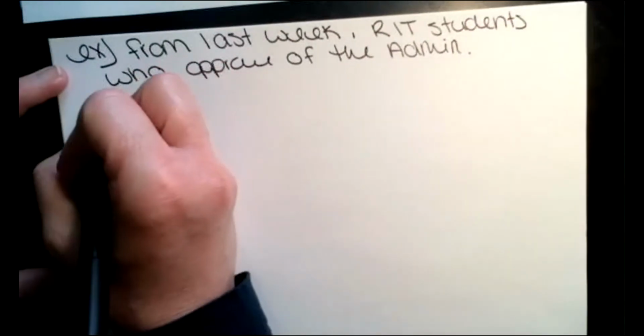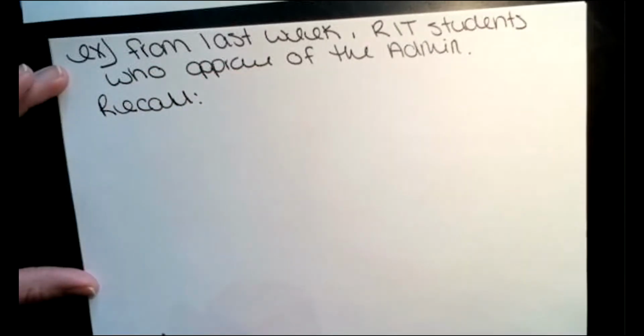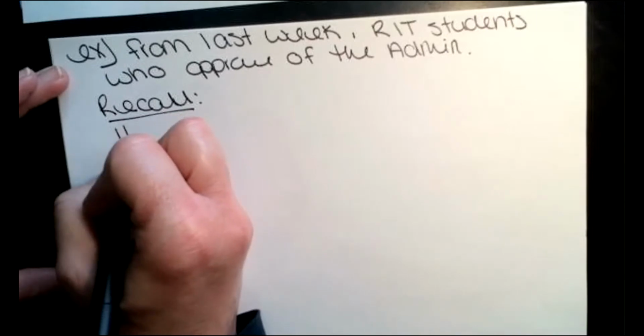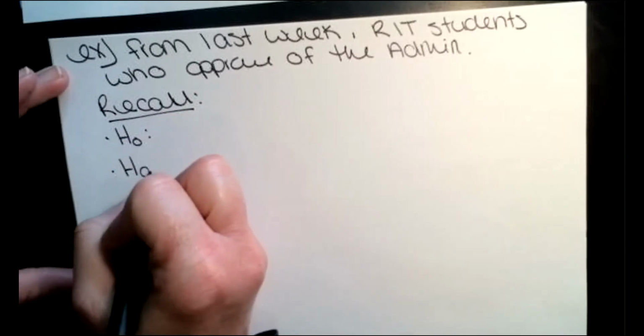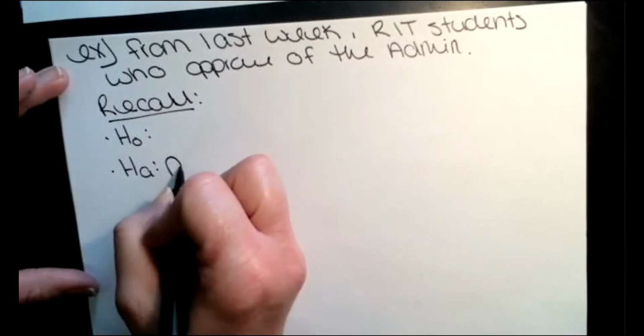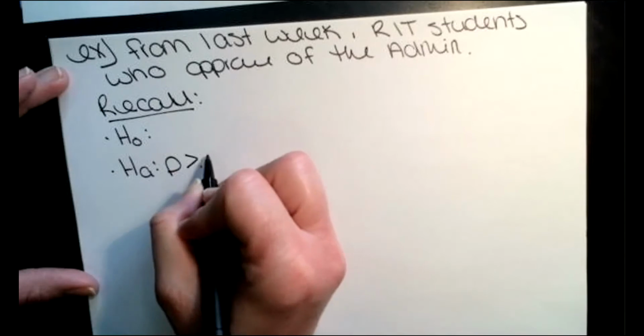I'm going to just give you some information to recall so you don't have to flip through all of your notes, right? So we had our null and our alternative. So our alternative, which I always write first, or typically I do, is that the population proportion is greater than 67%.